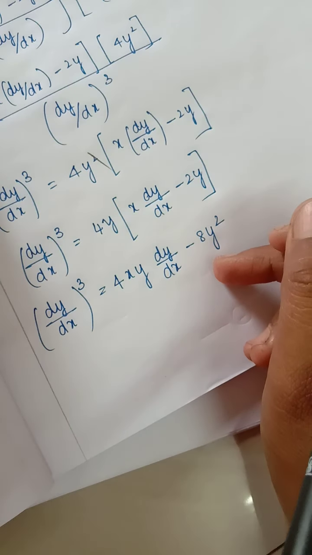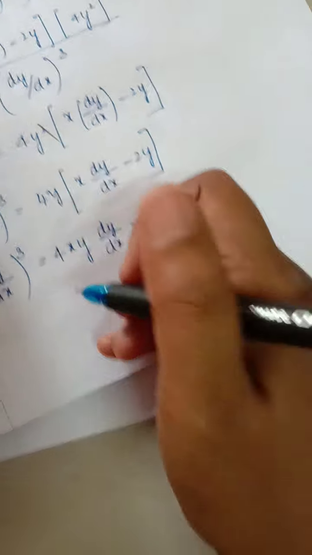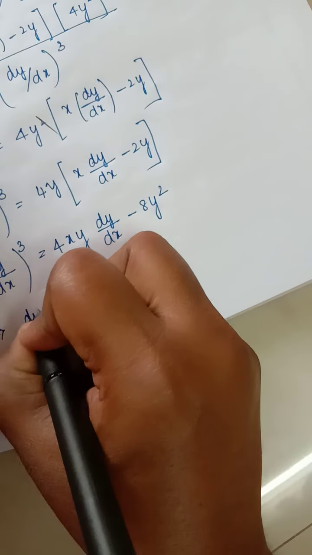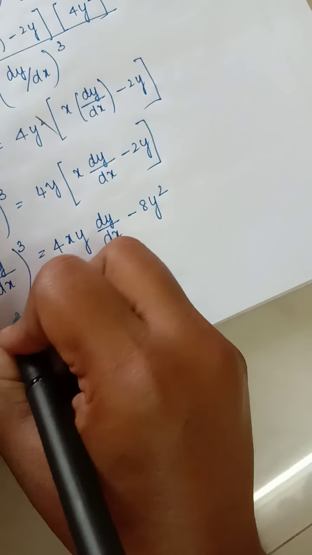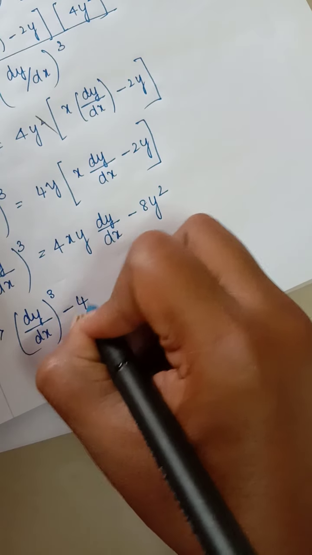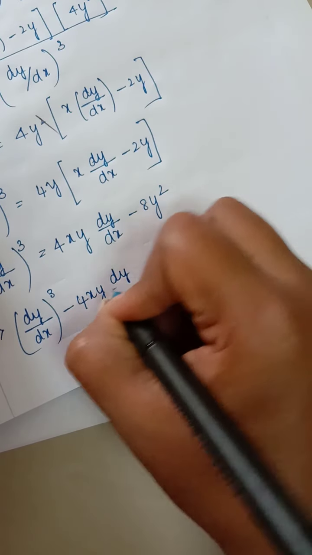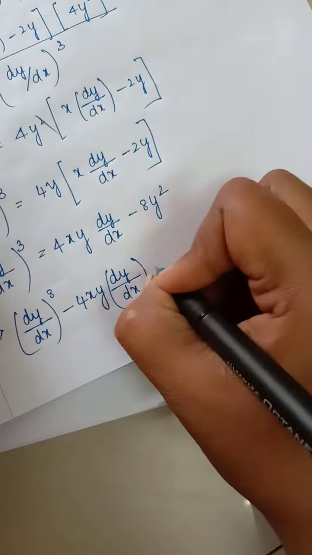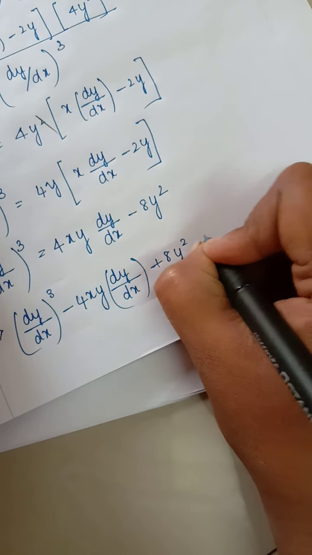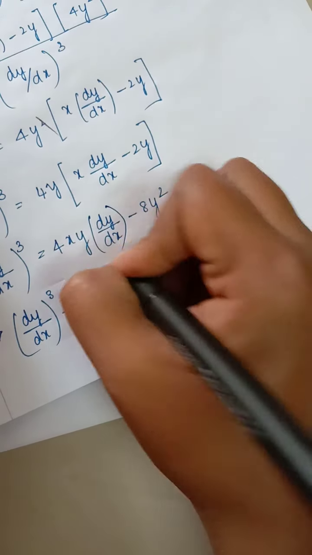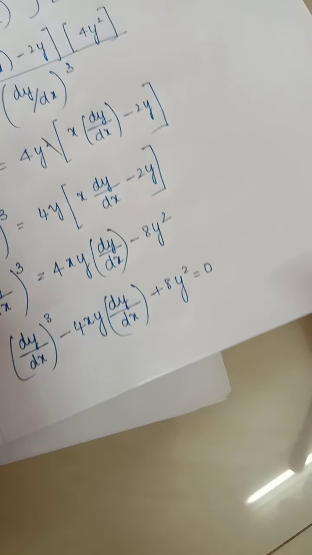Next you just take all the terms to this side. So if you take all the terms this side, dy by dx the whole power 3, then minus 4xy dy by dx, then plus 8y square equal to 0. Okay, so this is the required equation.